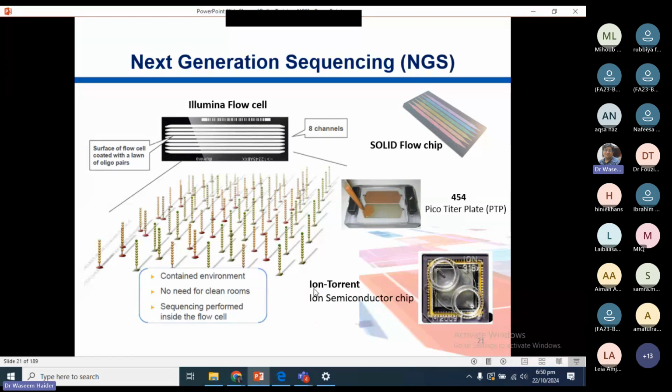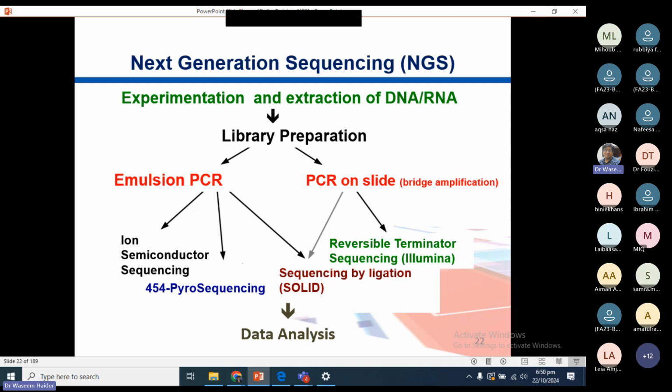Right, what happens over here is that Ion Torrent has those hydrogen ions that are released when a nucleotide is incorporated, and those hydrogen ions change the pH of the medium. So those small ball-like things are added here. Again, they have the holes, and when you see a cross section, it's coming in the next slides. Over there, we have sensors, like small pH meters. Those sensors detect the change in the pH.